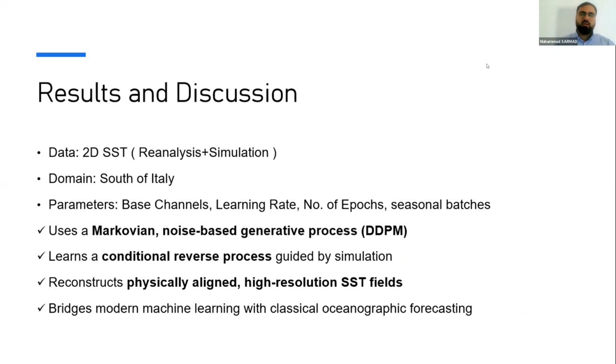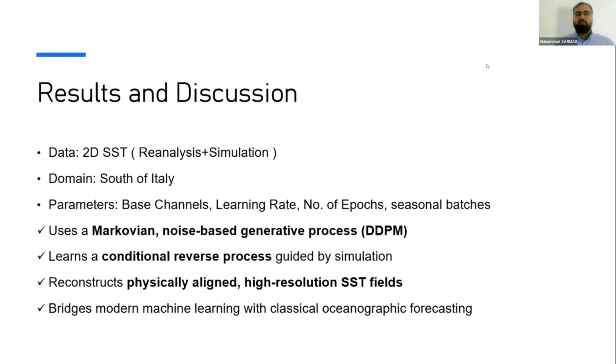So before going to our findings, let me recall that we use two data sets, one as an input, the other one as a conditional input. One is reanalysis data, the other one is simulated data. The domain we used is the south of Italy, especially the Puglia region.